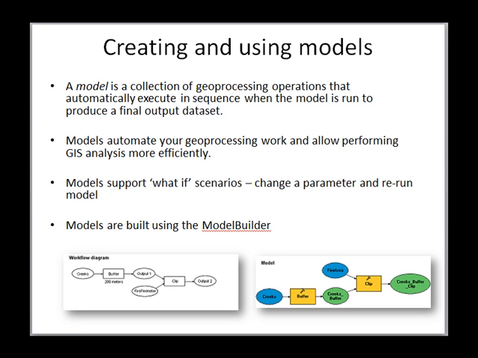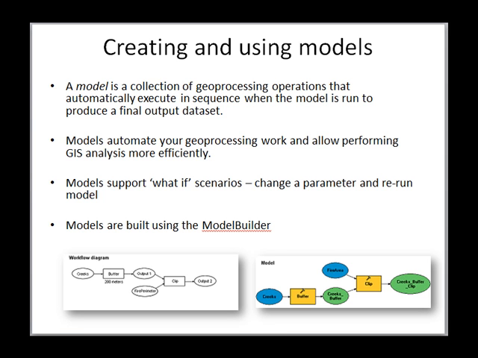In ArcGIS, we can combine geoprocessing tools into a model that allows us to automate these geoprocessing workflows. So a model is a collection of geoprocessing operations that automatically execute in sequence when the model is run to produce a final output data set.